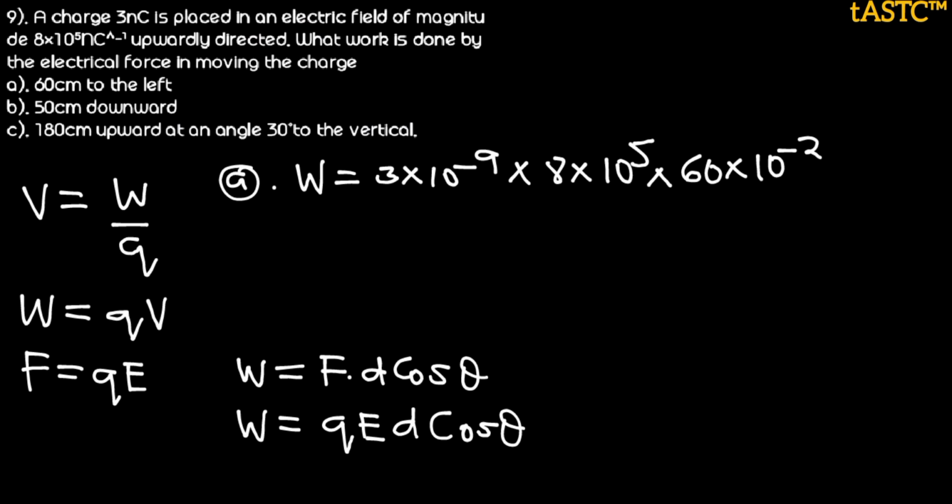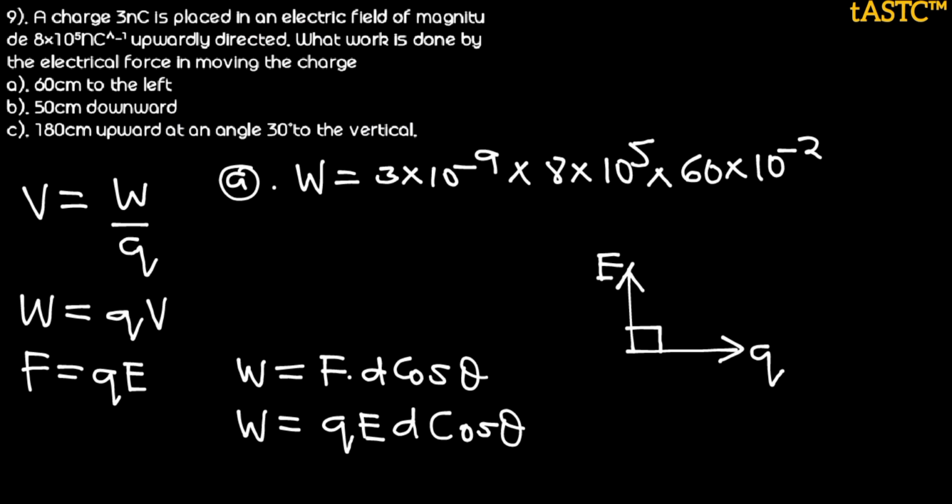Now, the magnitude of the electric field into which this charge was inserted was 8 multiplied by 10 to the 5th. Now the direction is upwards. If you got the charge moving in this direction to the left, what is going to be the angle between the electric field and the motion of the charge?